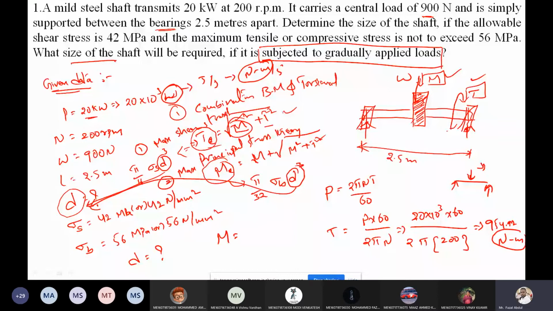WL by 4. We already discussed this in strength of materials. W is given as 900 newtons in the question, and L is also given, 2.5 meters, divided by 4. Now what is the answer?